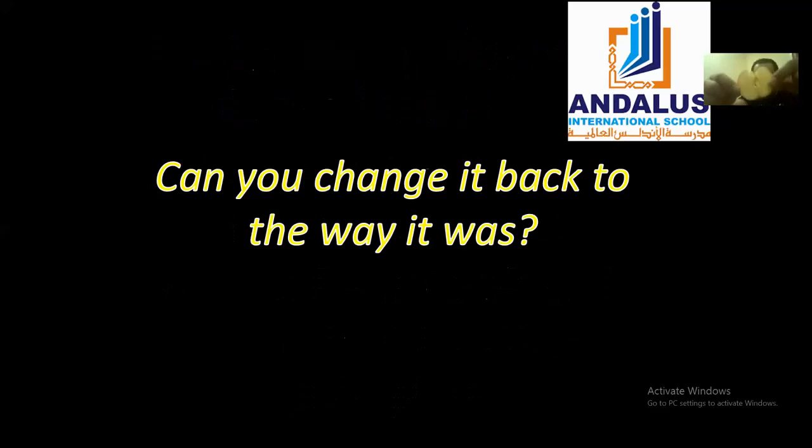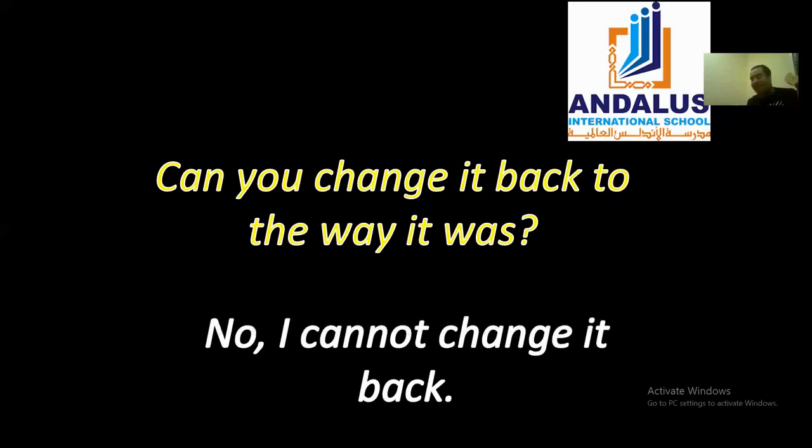Can you change this brown one back into the way it was, the fresh one that we had? Can we? Very true, we can't get it back. So can I eat it now? No. It became not good for us to eat. So this is what happened.